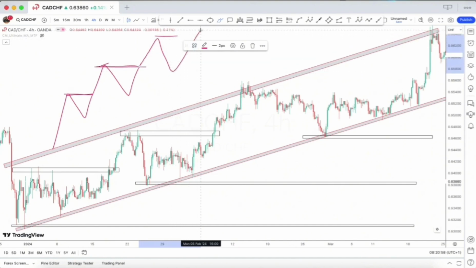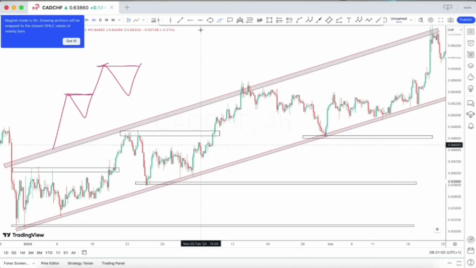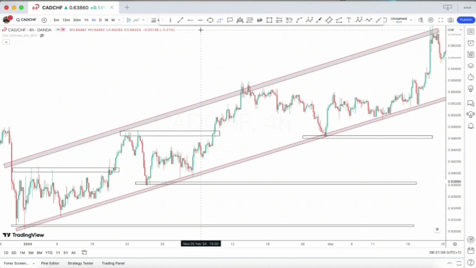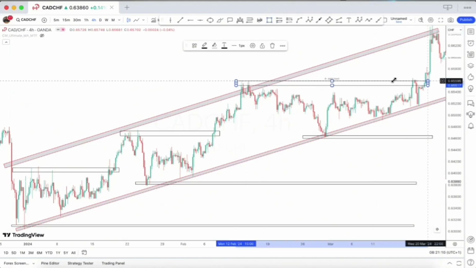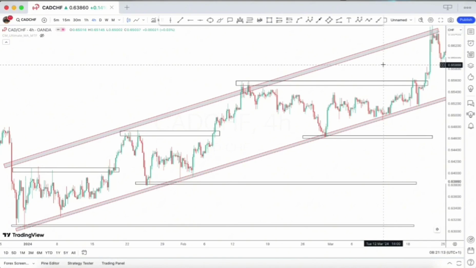This is how an uptrend market is formed. Here we also have another resistance level that was broken.